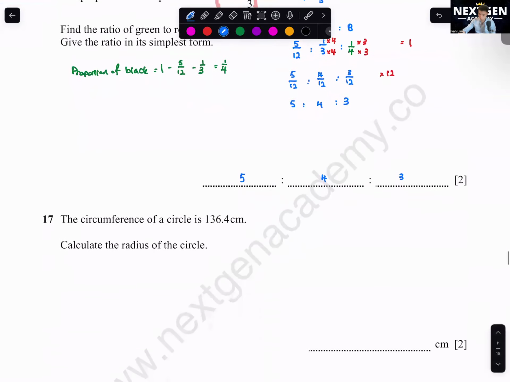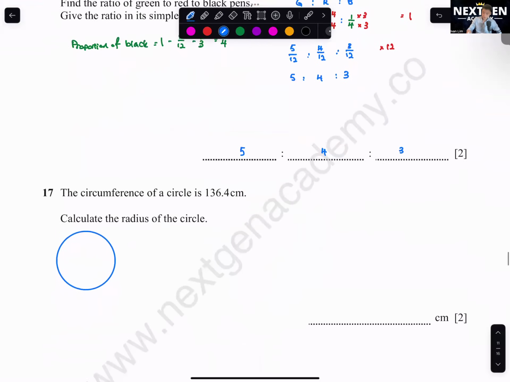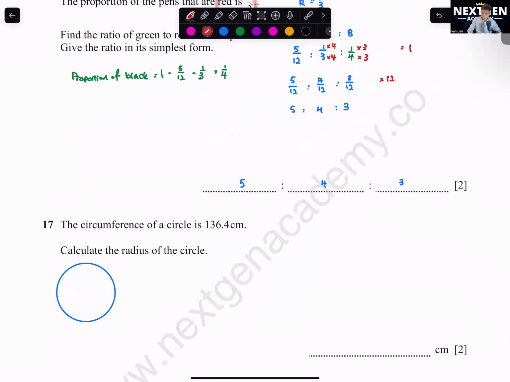Okay, let's go to question 17. The circumference of a circle is 136.4 cm. Calculate the radius of the circle. What is the formula for circumference of a circle? We have to memorize this.